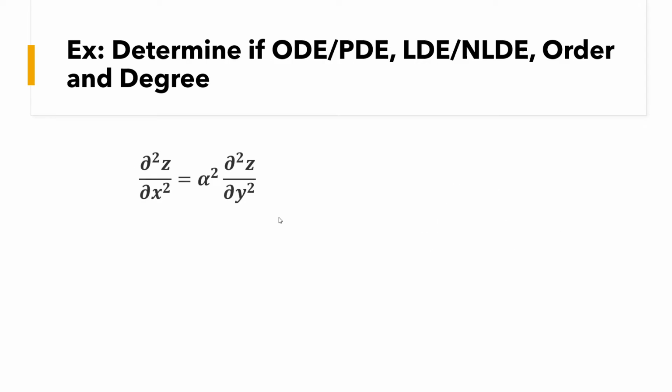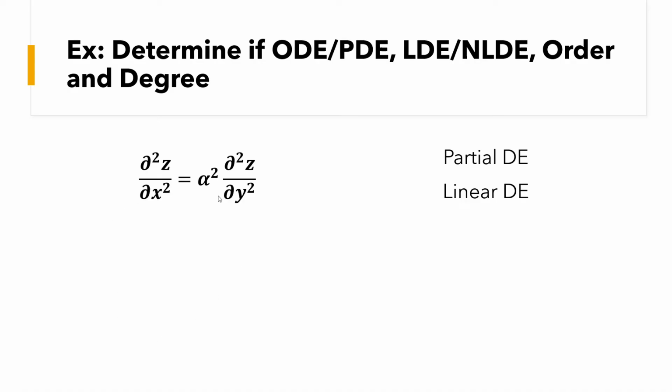Okay, so next example, we have the second partial of z in respect to x is equal to alpha squared times the second partial of z in respect to y. So obviously, this is a partial differential equation. This is a linear differential equation.